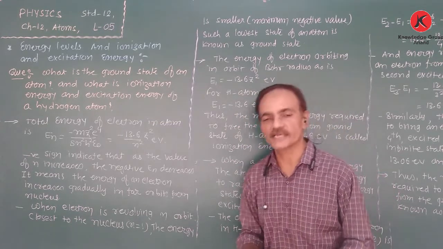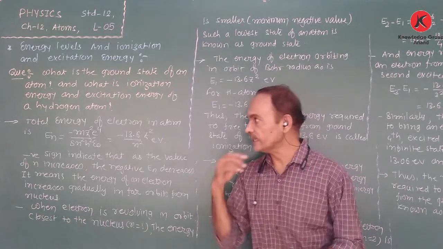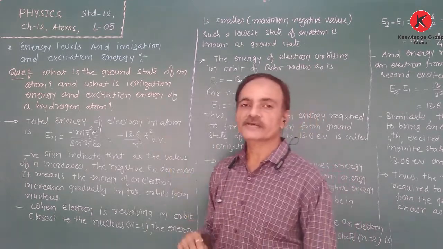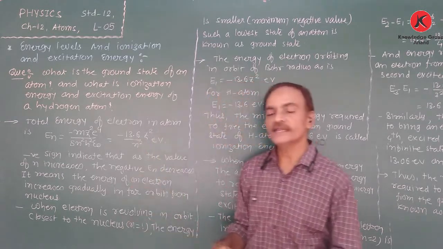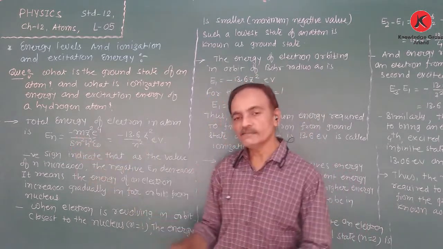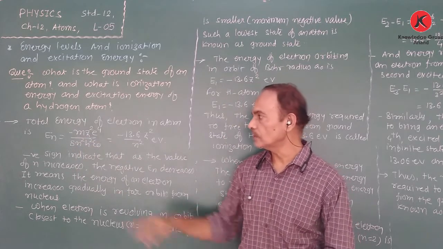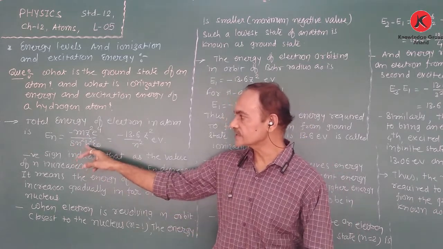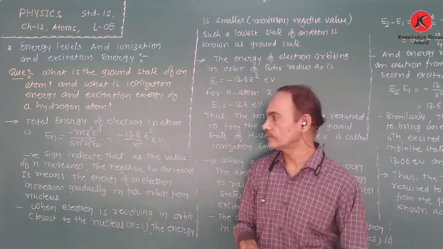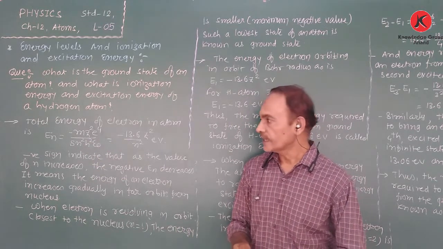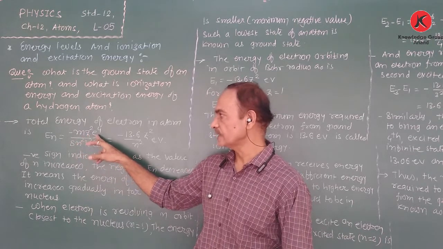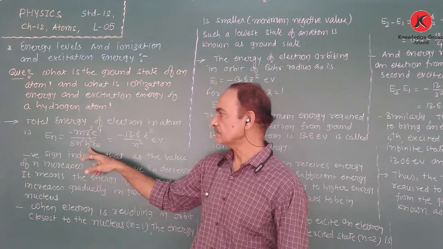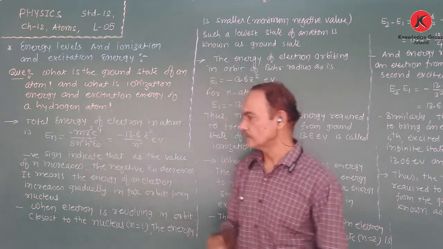energy of the hydrogen atom? We know that the total energy of an electron in the nth orbit of an atom, En, is equal to minus m Z square e raised to 4 upon 8 n square h square epsilon 0. Now we substitute the value of the mass of the electron, charge of the electron, h Planck's constant and epsilon 0.